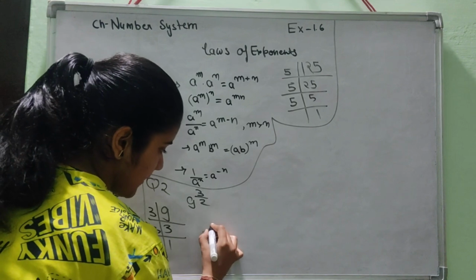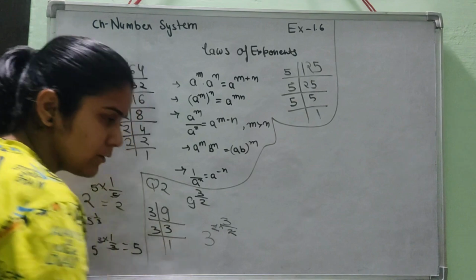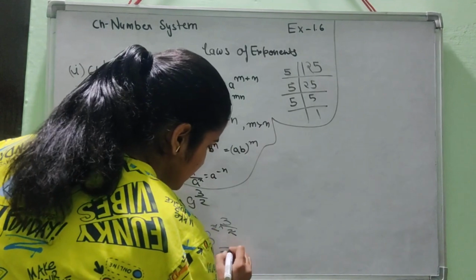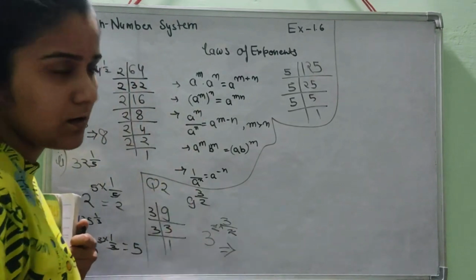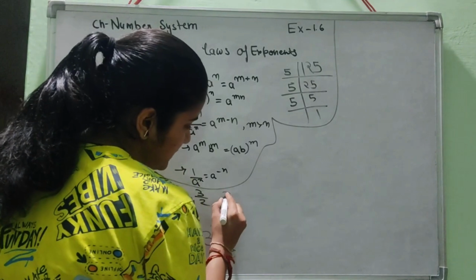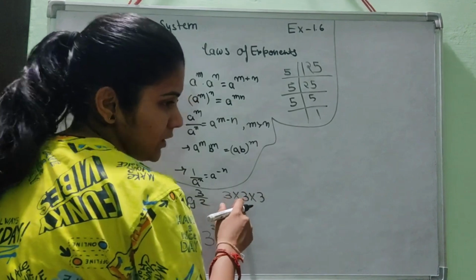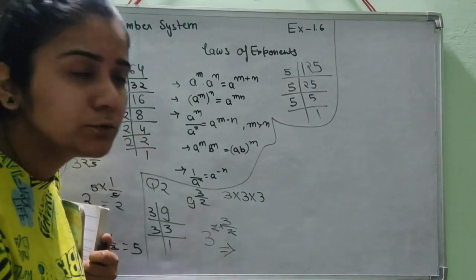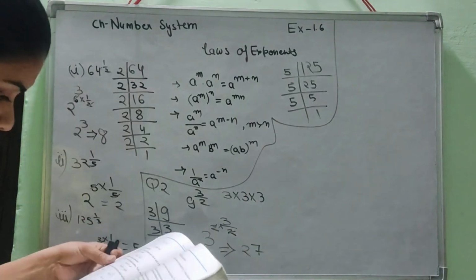So 3 power 2, the 2 gets cancelled out, so we get 3 power 3. 3 power 3 simply means 3 into 3 into 3. 3 into 3 is 9, and 9 into 3 is 27.